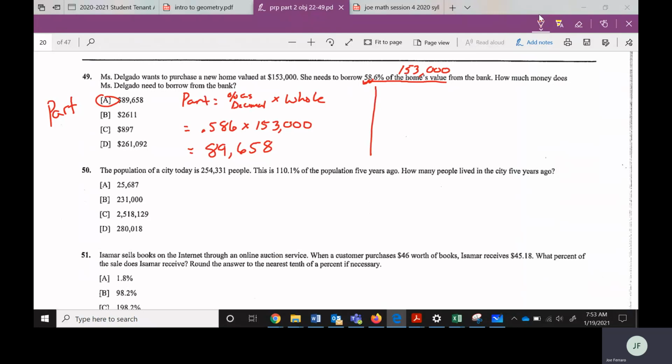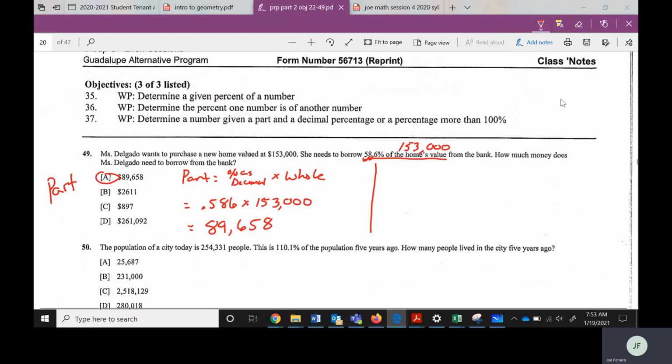The other way you could do this problem, remember, this is just review up here. Anytime you want to use the percent formula, you'd start out with that, and then remember the percent goes here, the part goes here, the whole is here, and you fill in what you know. So if we started this one, we have 58.6 is the percent. We don't know the part, that's what we're looking for. And we know the whole is 153,000.